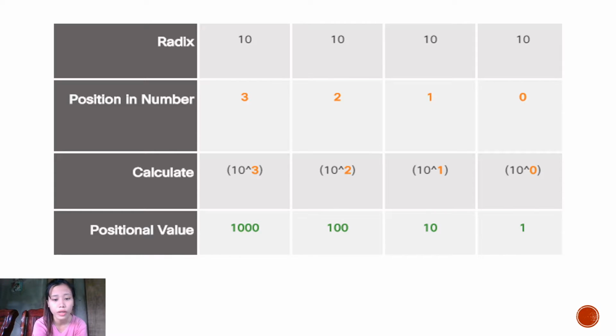So the first position is one, the second position is two, the third position is three, and the fourth position is four. This number also represents the exponential value that will be used to calculate the positional value, which is the fourth row. For the calculate row, the third row calculates the positional value by taking the radix and raising it by the exponential value of its position.